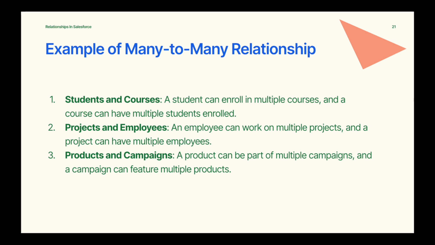Now let's talk about examples of many to many relationship. These do not necessarily exist in Salesforce, but these are some use cases or scenarios you can learn from, to understand the concept in a real life scenario, so you can know where to create the many to many relationship.